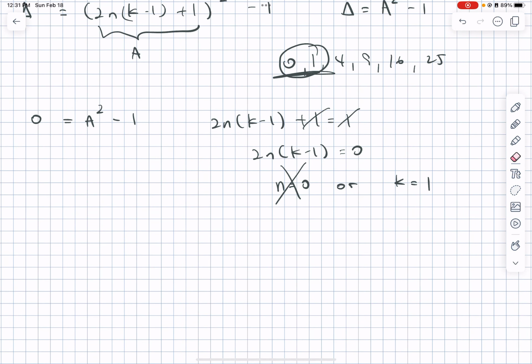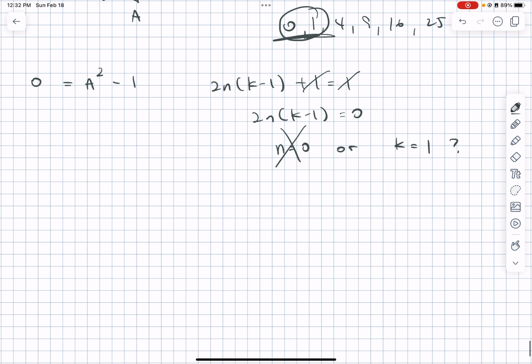Is it possible for k to be equal to 1? Remember k is the average, or the sum of the terms divided by the number of terms. So if k equals 1, the sum of the terms, which is 1 plus n(m squared minus 1), has to equal the number of terms, which is 1 plus n(2m minus 2). Is it possible that these two are equal to each other?